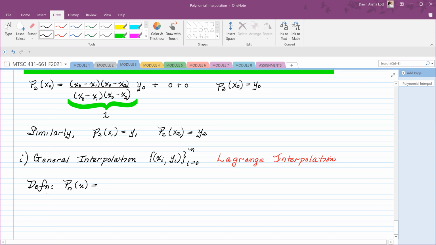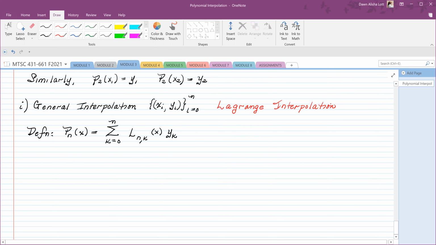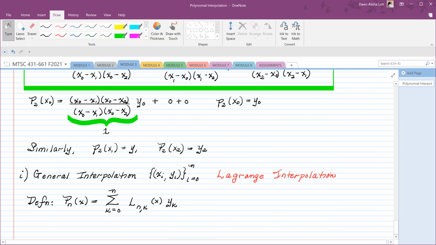Pn of x is defined to be the sum, k equals 0 to n, of Lnk of x times yk. The same way we had before, we had all these polynomials; here we have quadratic polynomials.